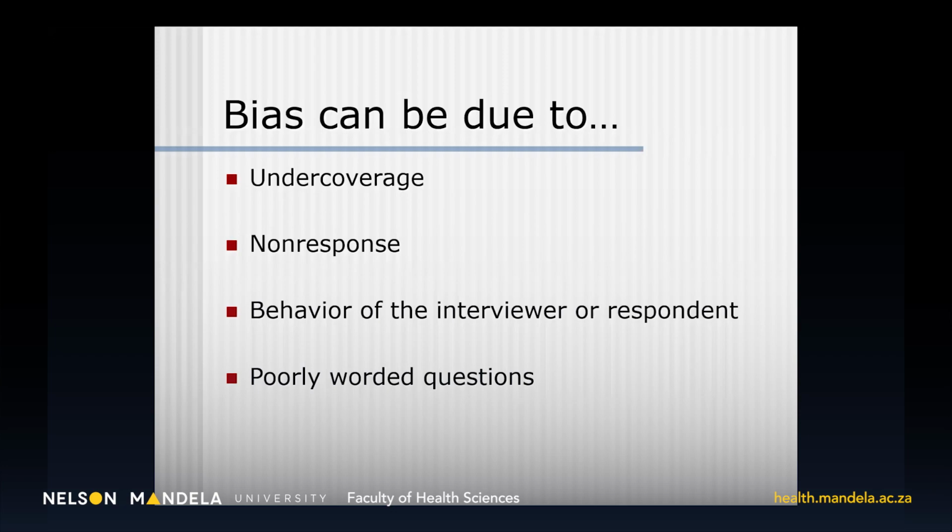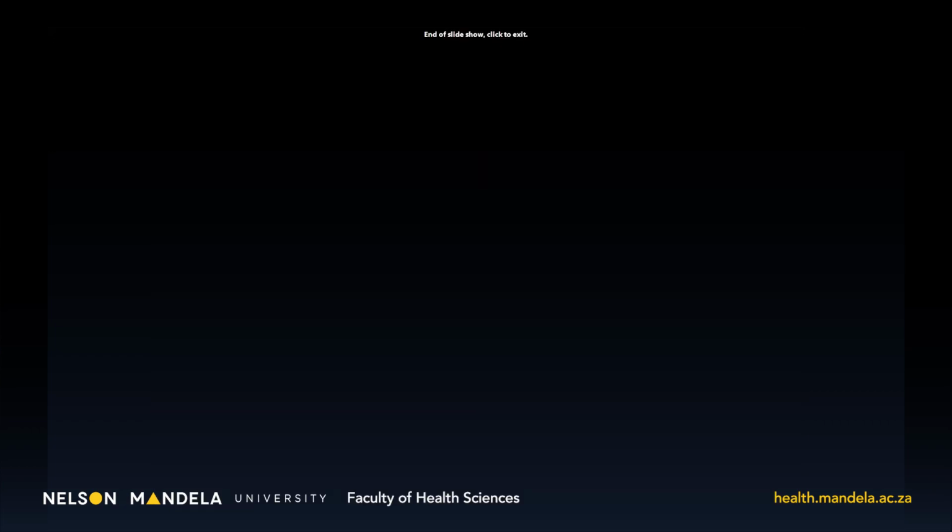Maybe you underpowered the study. It could also be as a result of non-response. Some of your people did not respond. It could be because of the interviewer or the respondents or the study participant, or poorly worded questions in your interview.